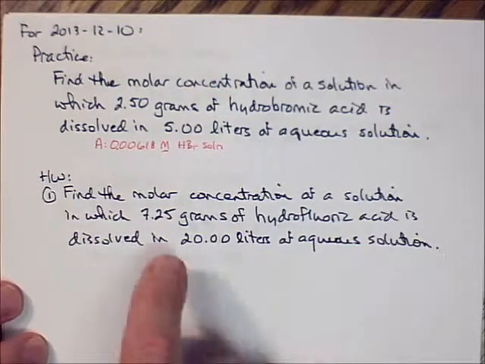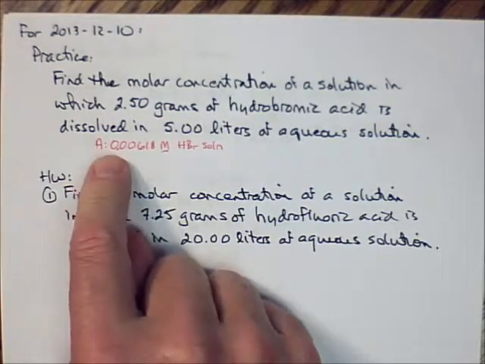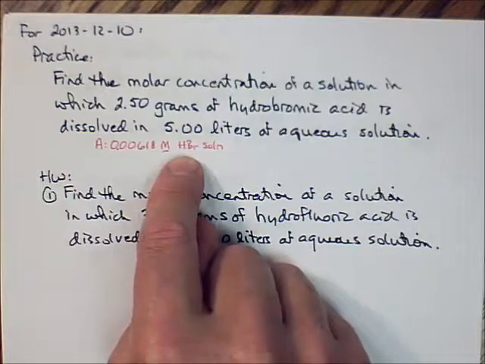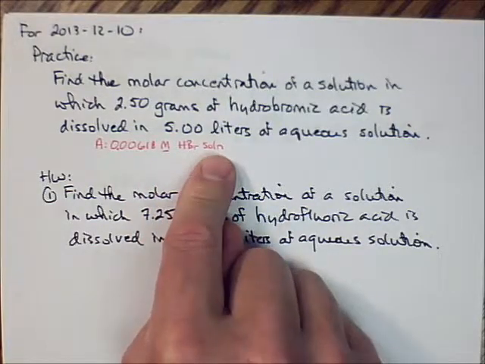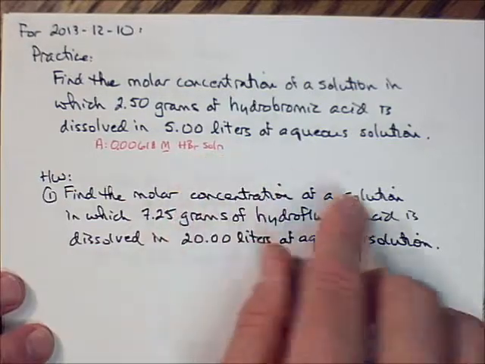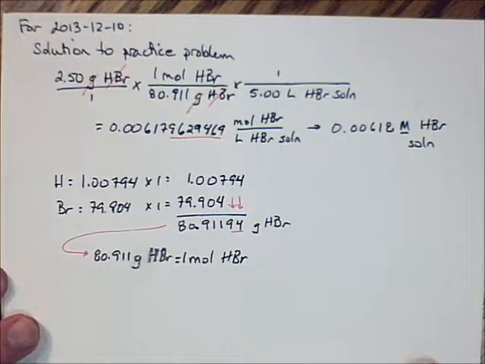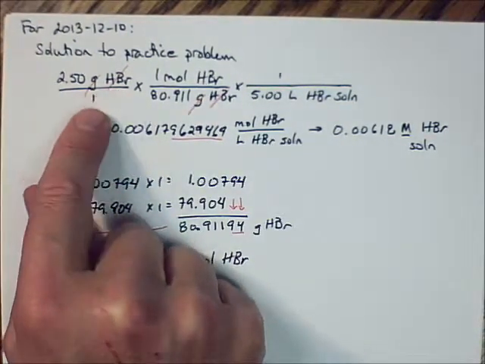Okay, so the actual answer, as I've calculated, if I haven't made any mistakes, is 0.00618 molar HBr solution, or hydrobromic acid solution. The calculations look like this. You start with 2.50 grams of HBr.